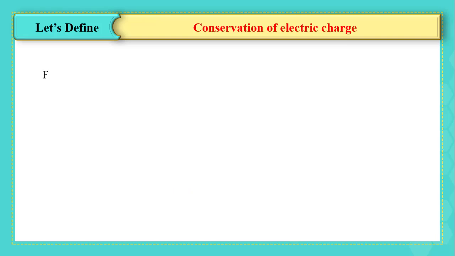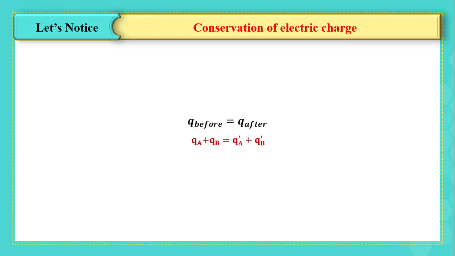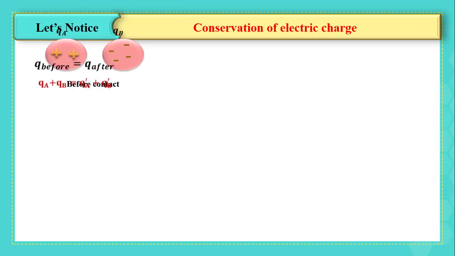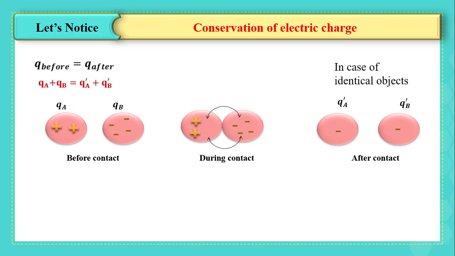That means QA plus QB equal Q prime A plus Q prime B, where QA and QB are the charges of A and B before friction, contact, or induction. Q prime A and Q prime B are the charges of A and B after friction, contact, or induction.